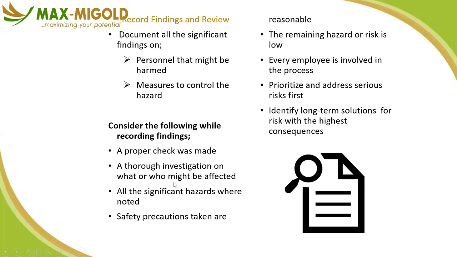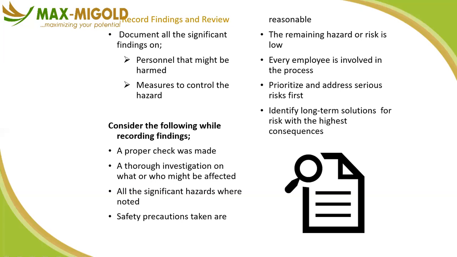In carrying out your risk assessment, we're saying that you need to document all similar findings by stating the person that might be harmed, and of course, measures to control the hazard. So mitigation. We're still saying the same thing. How do you mitigate? And in doing this, you need to consider that you've properly checked the hazard and you understand the risks involved, that you've investigated thoroughly who or what is involved or might be affected, that all significant hazards of note have been noted down.